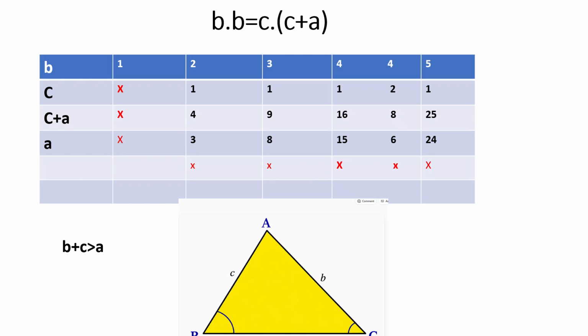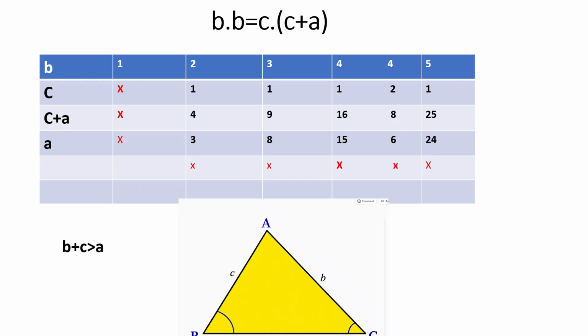The fourth case is when b is equal to 4, then b squared is equal to 16, and we have the exact same situation. The least case which we can have is c equal to 1. If c equal to 1, then c plus a has to be 16, and a becomes 15. 1 plus 15 can't be equal to 16, it has to be greater than that. So this relation is also gone.